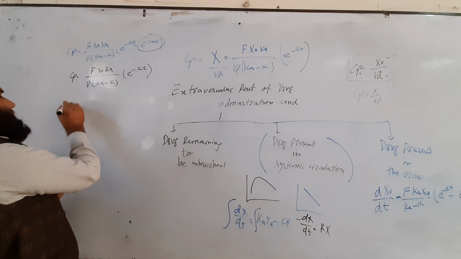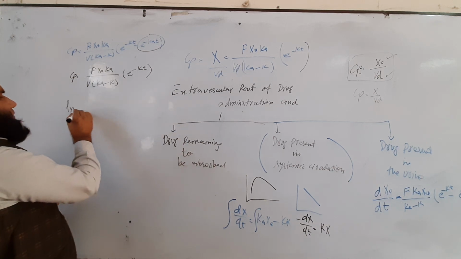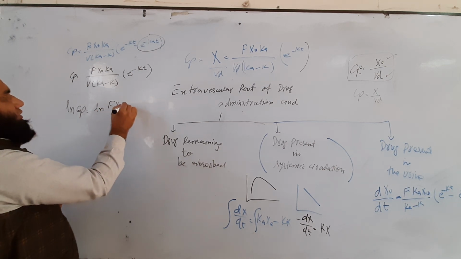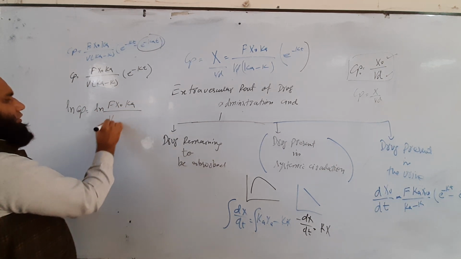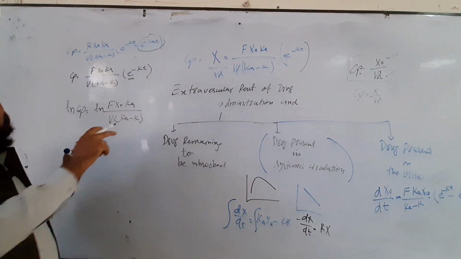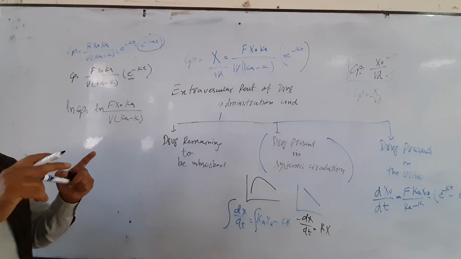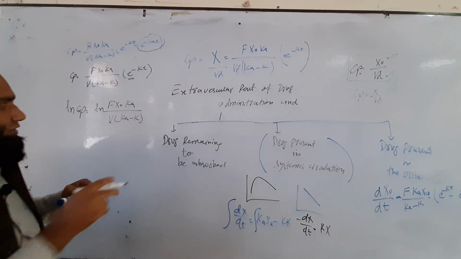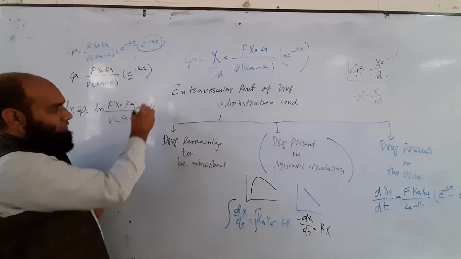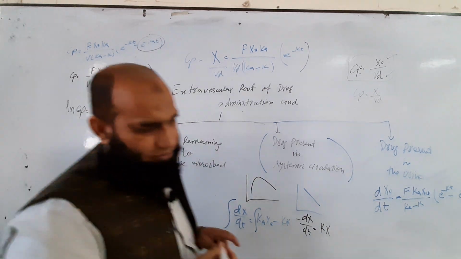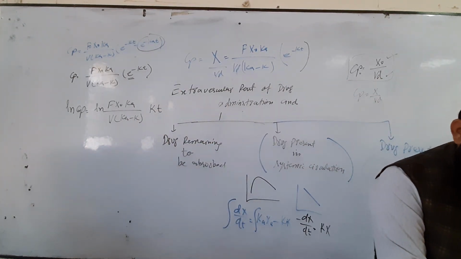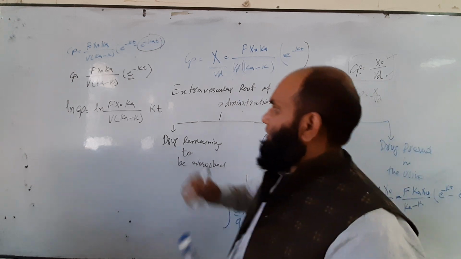We can also write this equation with the ln. Ln Cp is equal to ln of Fx naught Ka over V into Ka minus K. Remember, ln and exponential are inverses of each other. When we take ln of e to the power minus Kt, the e is cancelled and we are left with only minus Kt, so ln Cp minus Kt.